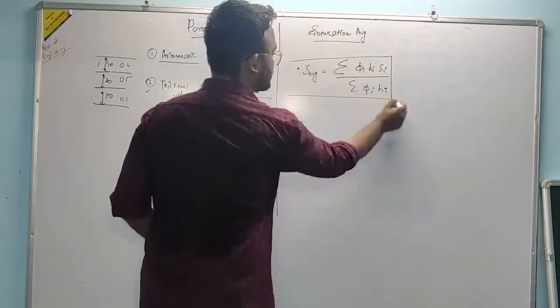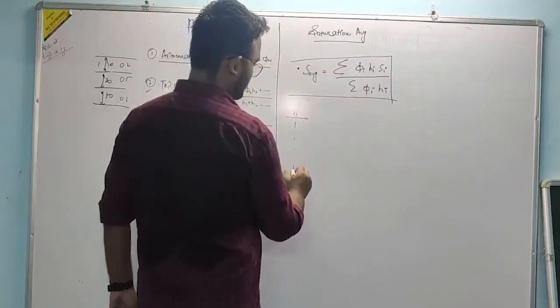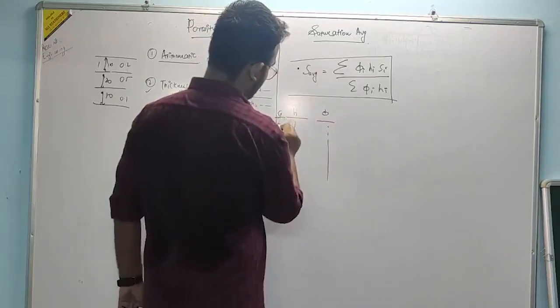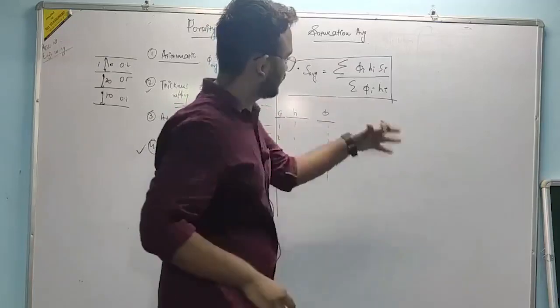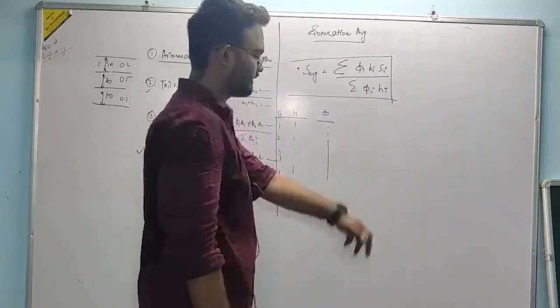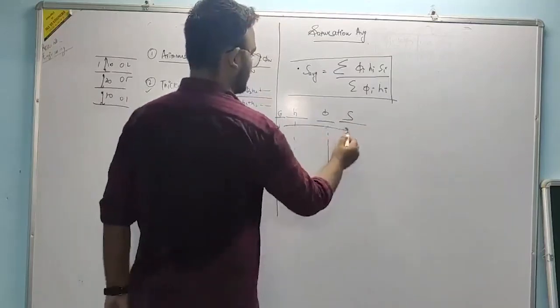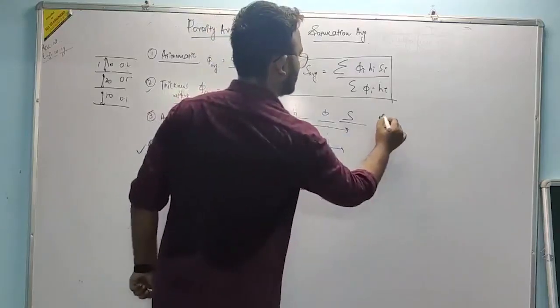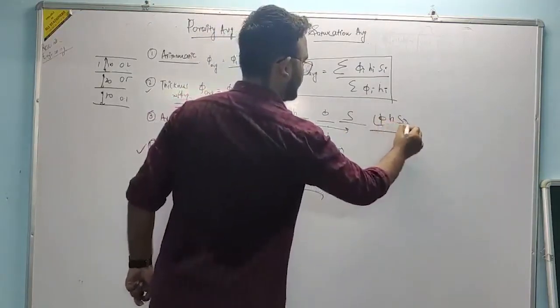So the questions you will get will look like this. For example, this is the h column, this is the phi column, this is the serial number 1, 2, 3, 4, and you have to develop the overall saturation average, with the corresponding saturation for each serial number. So you find out the phi h S for each serial number.